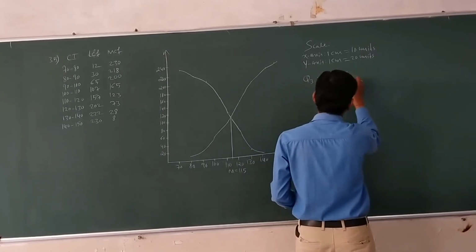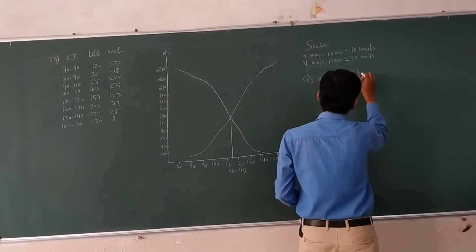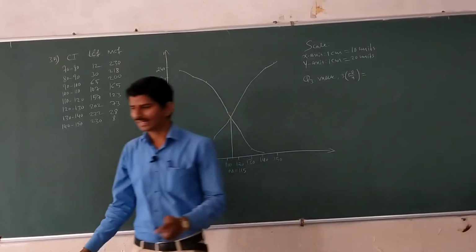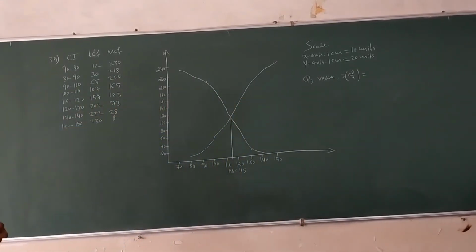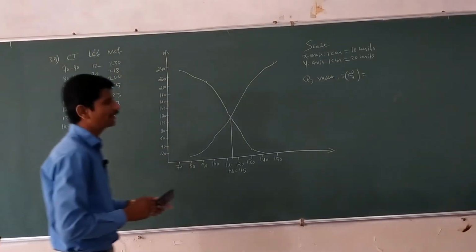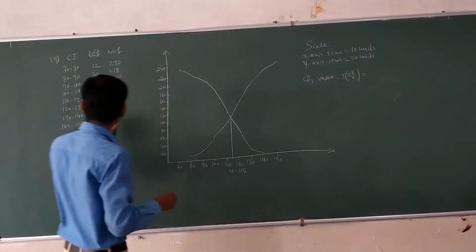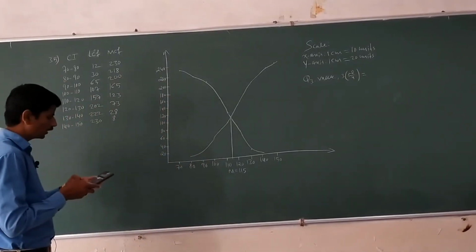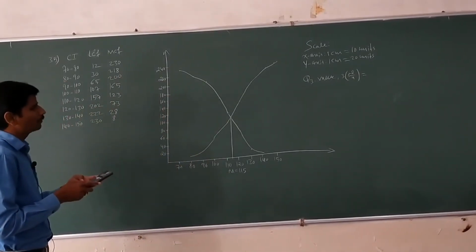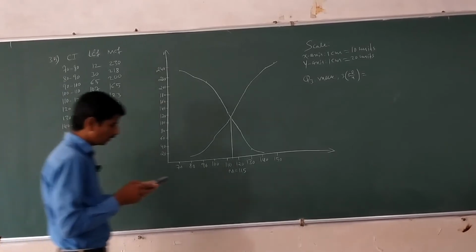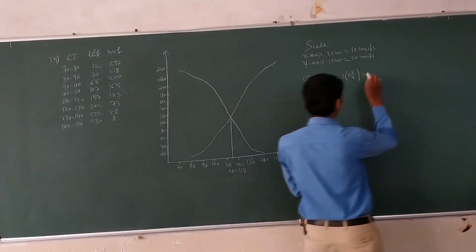That is i times n by 4, where i is 3 for the third quartile. Therefore I take 3n by 4. Here n is 230. 230 divided by 4 gives 57.5, and multiplied by 3 is 172.5.